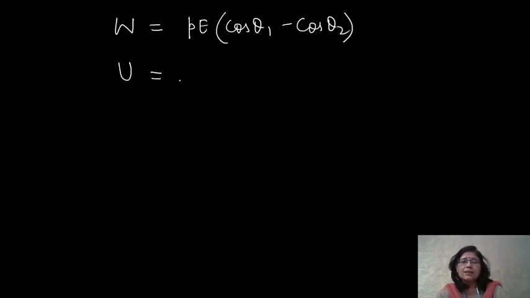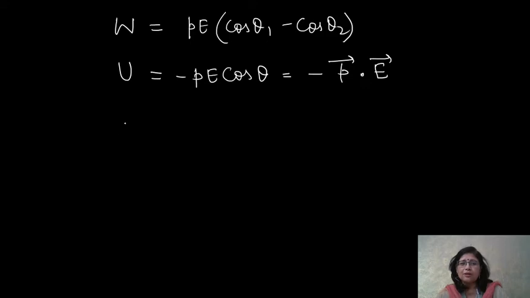First of all, work done equals work done by external force in rotating a dipole from an angle theta 1 to theta 2. This is the formula. Second, potential energy stored inside the dipole, that is minus PE cos theta, and in terms of vector we can write it as minus P dot E.